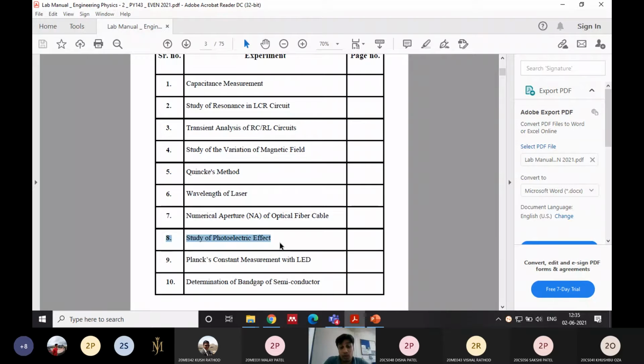Also, as engineering students, we will look at the technological applications of the photoelectric effect. Apart from that we will also have a simulator. We will perform the experiment on the simulator, or we can also look at the actual instruments. So we have both options.